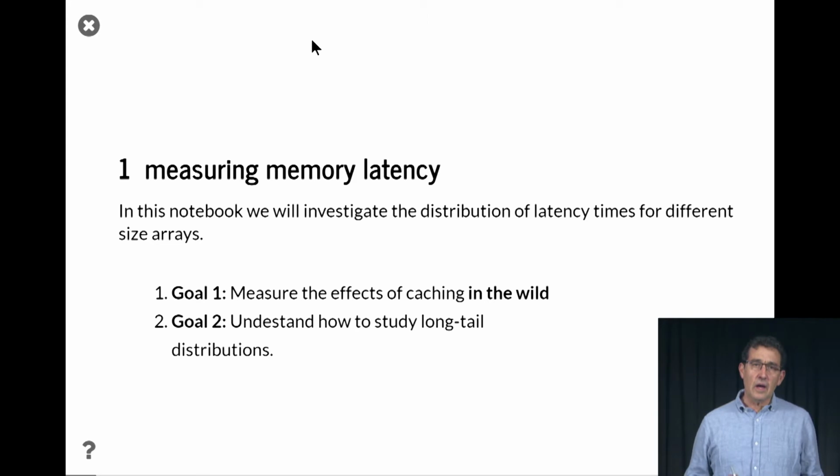This is basically a tool that would be very useful for you in the future when you're working with big clusters and so on. It is good to know how to actually measure the clock time that it takes to perform various operations.